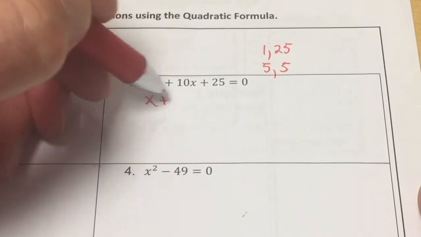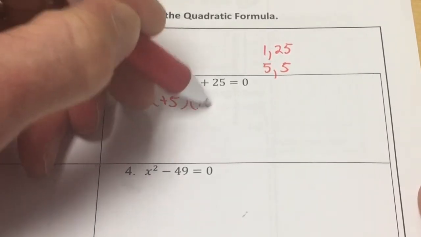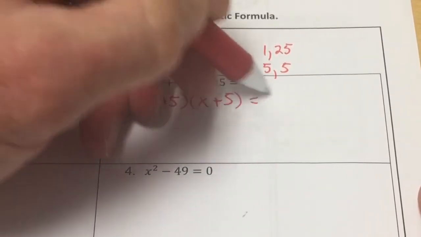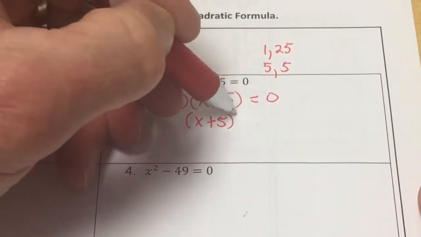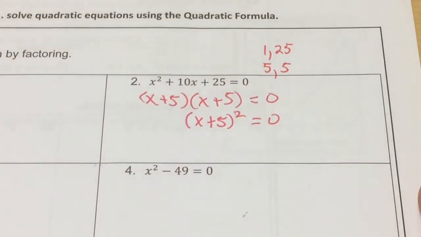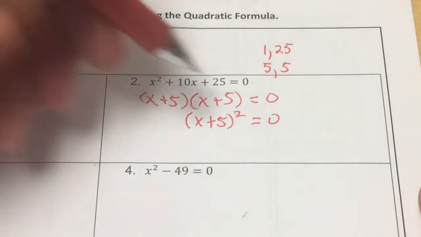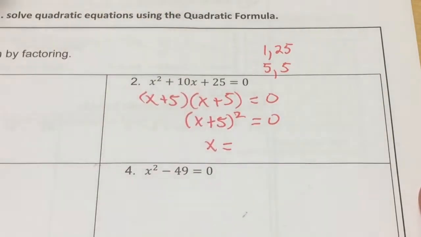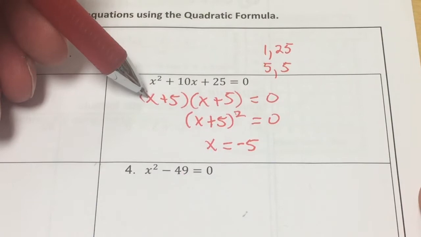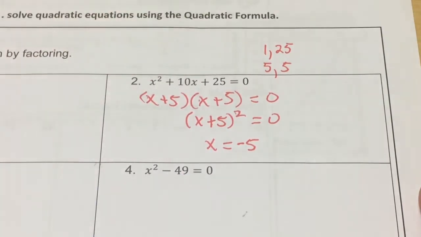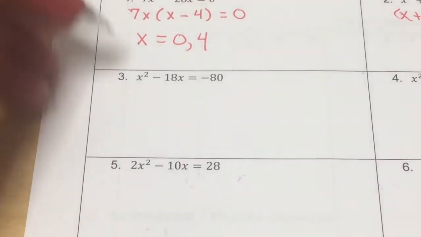So we could call it x plus 5 times x plus 5, or we could call it x plus 5 squared equal to 0. Either way, there's just one answer to this equation, and that is negative 5, because a negative 5 replacing x here or here is going to make that multiplication equal to 0.